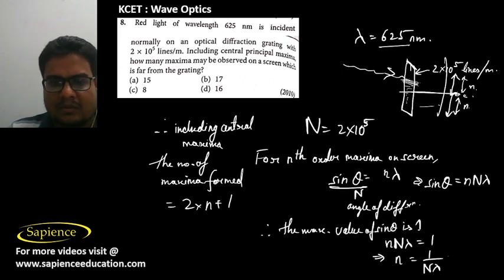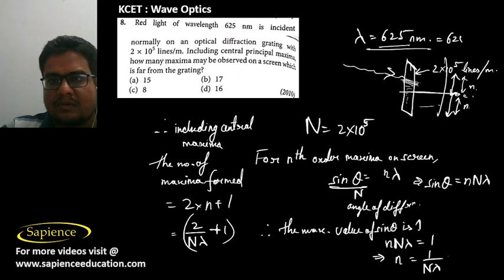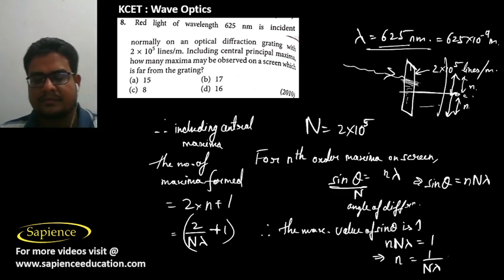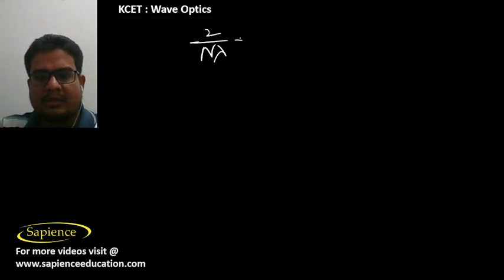So the answer will be 2 by n lambda plus 1, which we have to find. And here lambda is 625 into 10 power minus 9 meter.